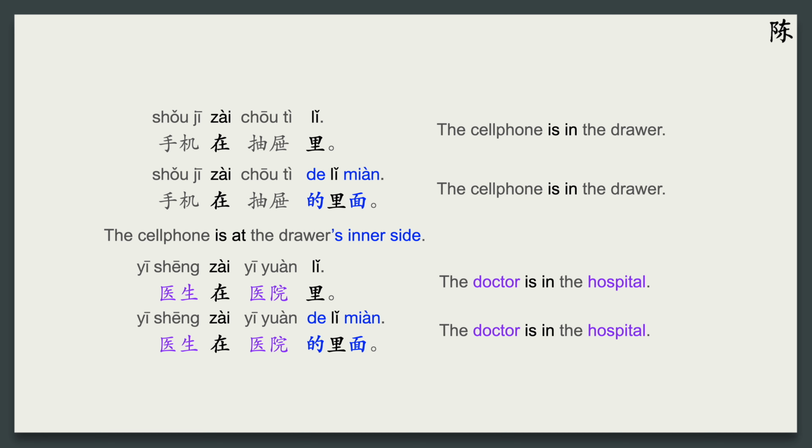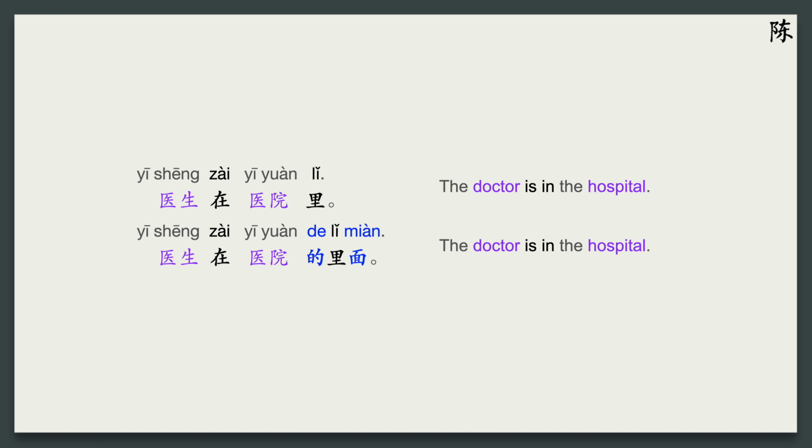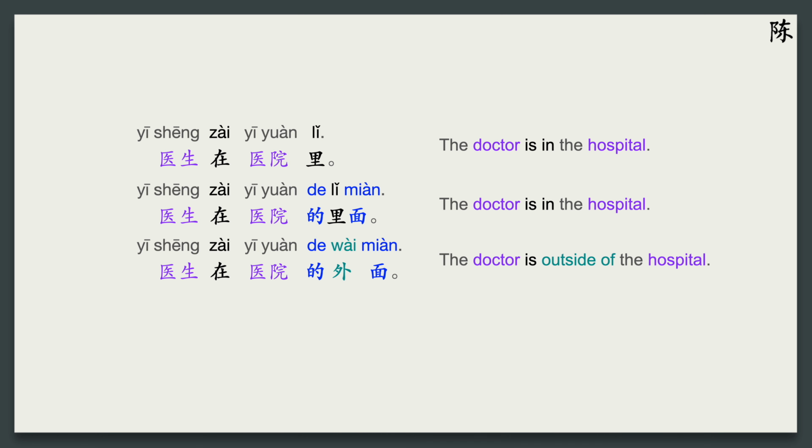Let's put them back. Now we have learned somebody or something is inside of something. Then how do we express somebody or something is outside of something? It's just like in English, we replace in by out. Then it becomes the doctor is outside of the hospital.